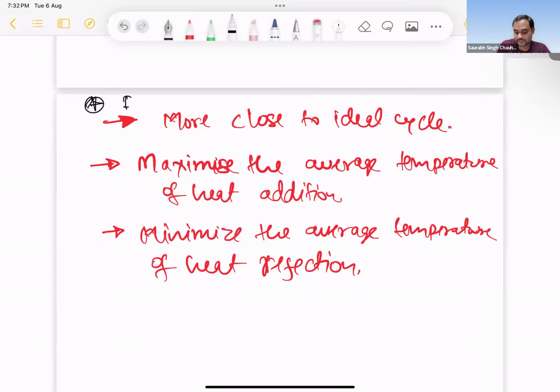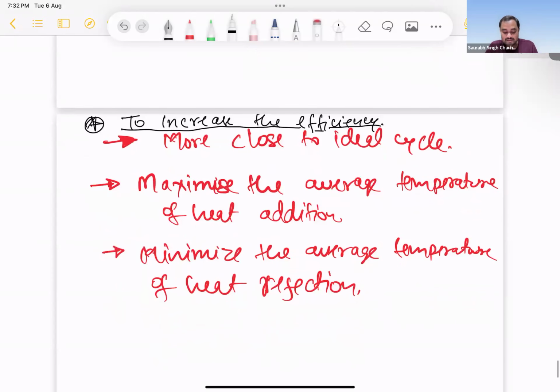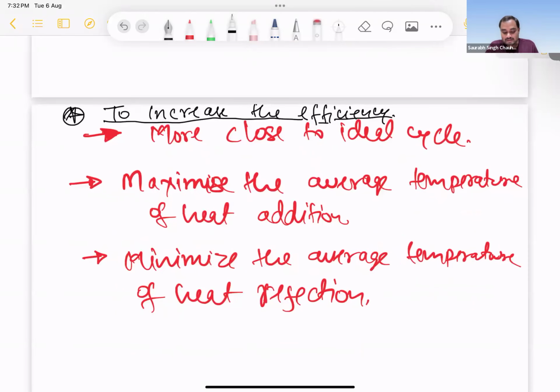So these are the requirements to increase the efficiency. In next few weeks, you will study what are the modifications that we make to the Rankine cycle, and the modified Rankine cycle will produce more efficiency as compared to the simple one.